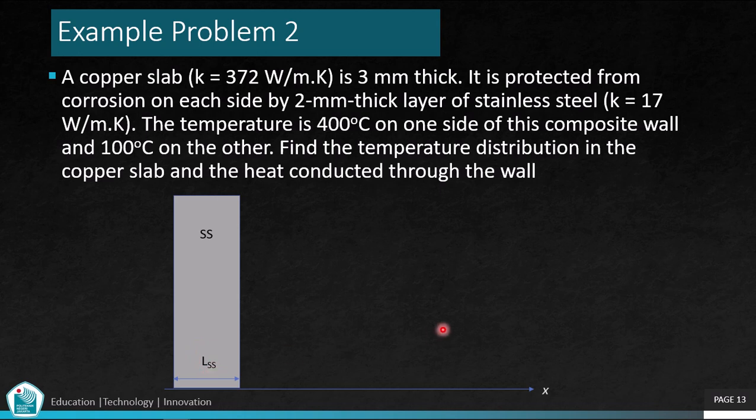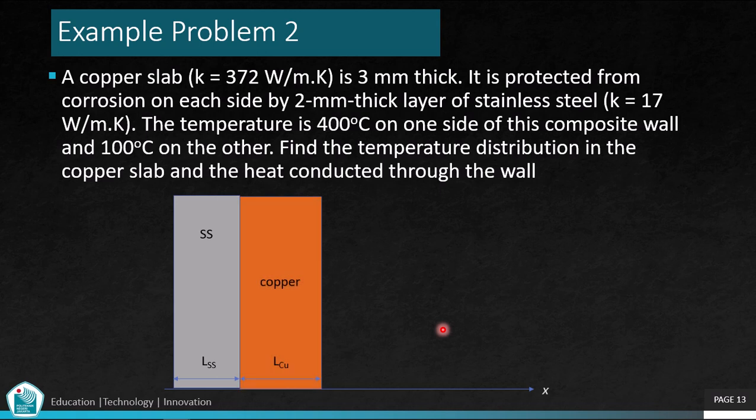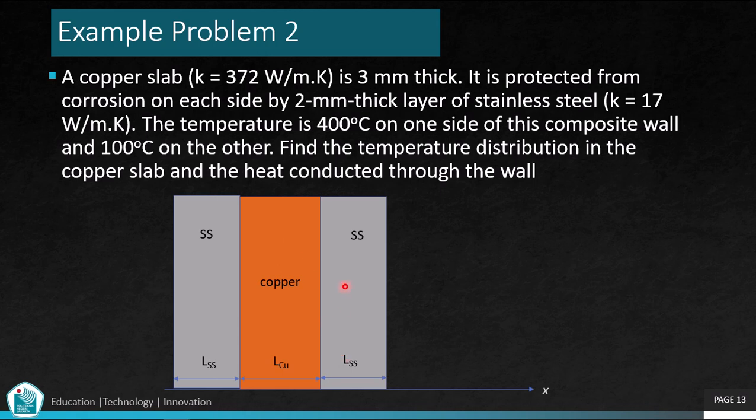And next to the stainless steel, we have the copper with the thickness of LCU. And on the right side of the copper, we have another stainless steel, identical to the previous one, with the same thickness LSS. SS stands for stainless steel, as the abbreviation.